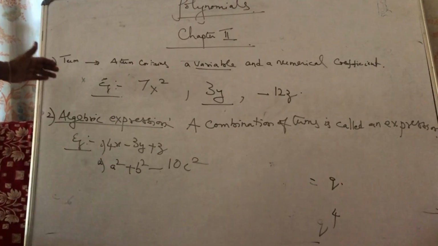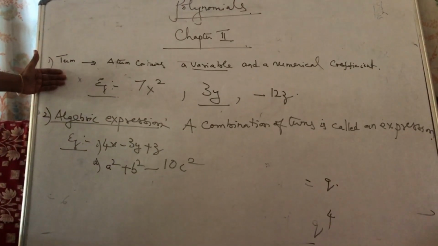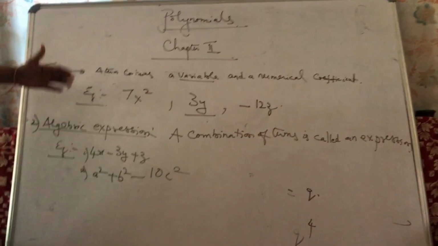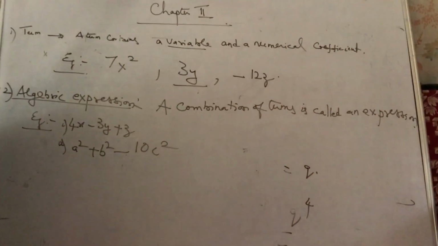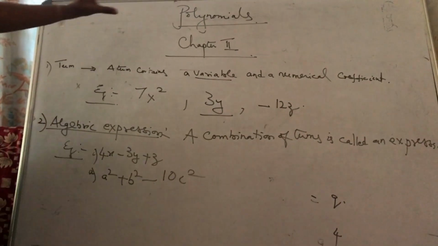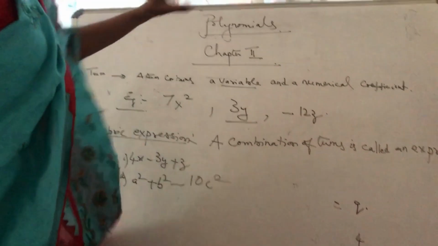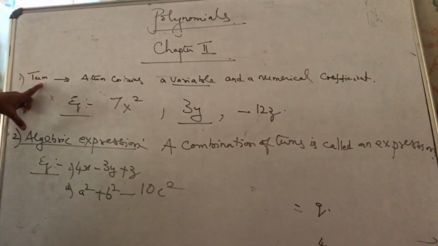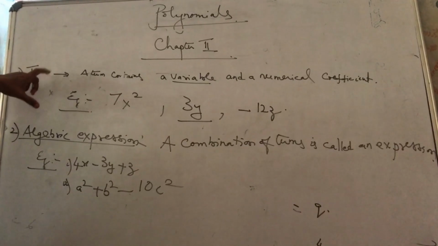These are the basics that you already know. Only for you to remember and recollect, I have put it on the board, children. The second chapter for you is polynomials. Poly means many. Before the word many, you must know the meaning of the word term. What is a term in algebra?